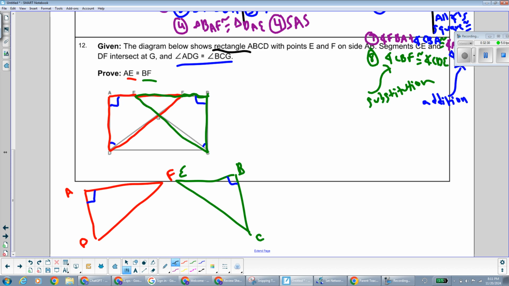I know that rectangles are parallelograms, so opposite sides are congruent. And from the givens, they already provided us with this angle and this angle. So we have angle side angle here. And since we have angle side angle, we could CPCTC, AF, and BE. And once we have AF, we'll just subtract to get AE. And once we have BE, we'll just subtract to get BF. Let's write this up.